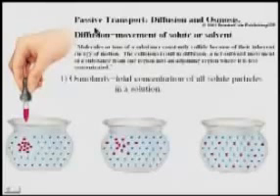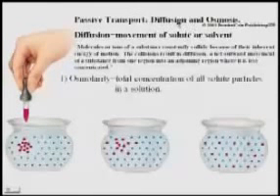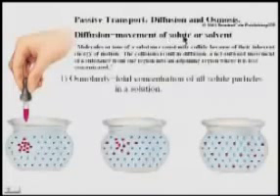We begin first with the passive transport of solutes, solute diffusion, and osmosis, water diffusion, if you want to think of it that way. So diffusion is the movement of solute or solvent. Osmosis is a specialized form of passive transport where we have the movement of water or solvents as well.